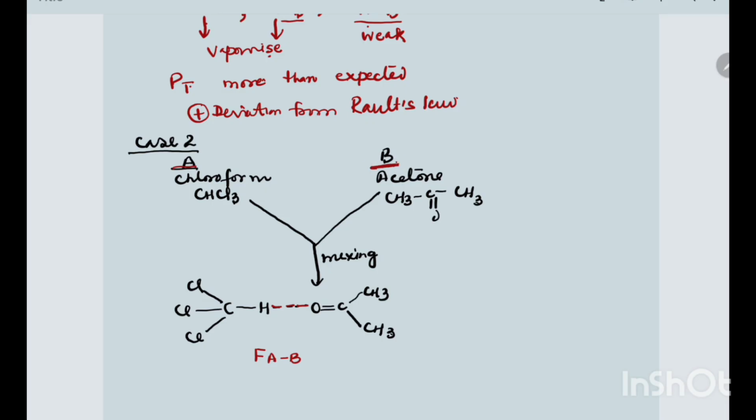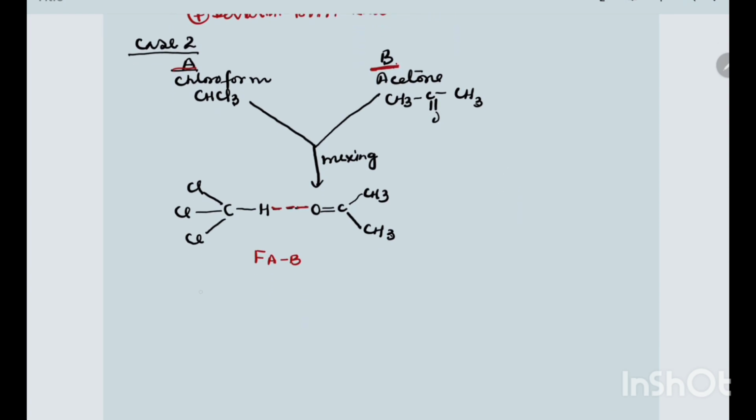Now what we see is that in this case the force of interaction between the particles of chloroform, component A, and the force of interaction between the particles of B, FBB, these are weaker, but the force of interaction between A and B, because on mixing together they have formed hydrogen bonding, is stronger.